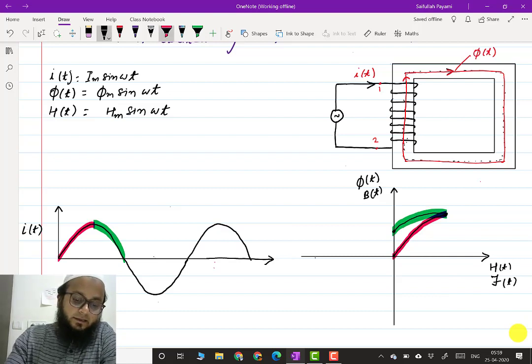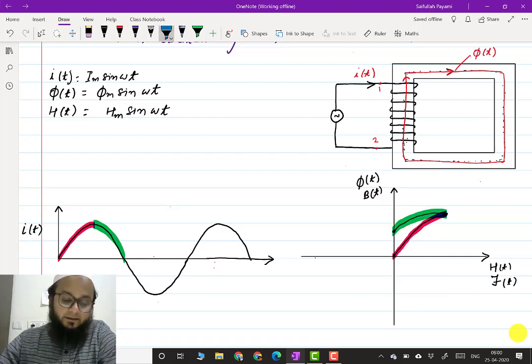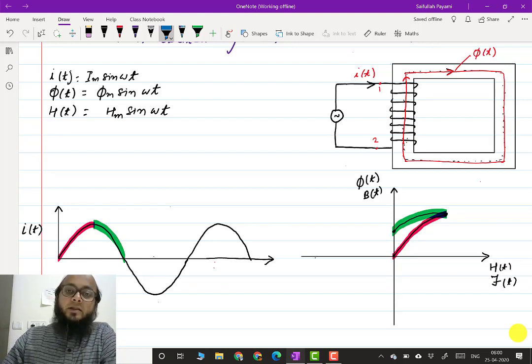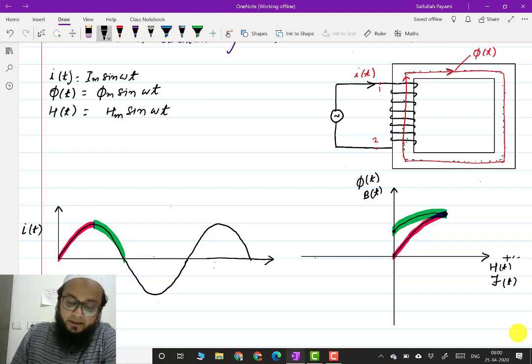Now you can see that the direction of the current has become negative, or reversed. Because the direction is reversed, H has become negative. If H was positive in this direction, here it is negative.